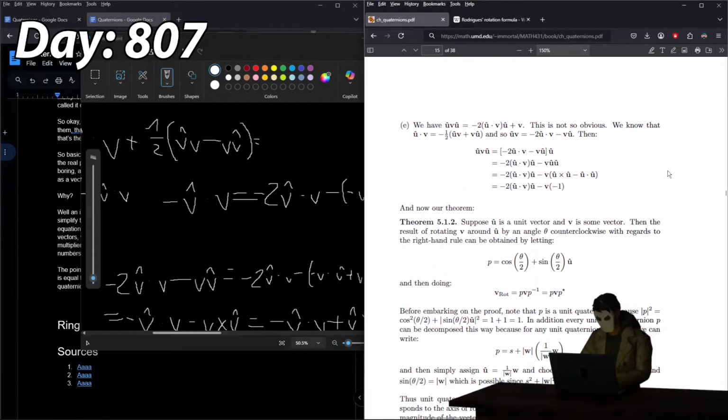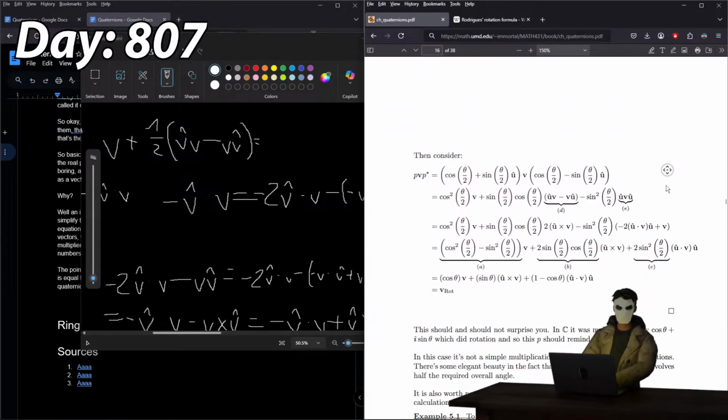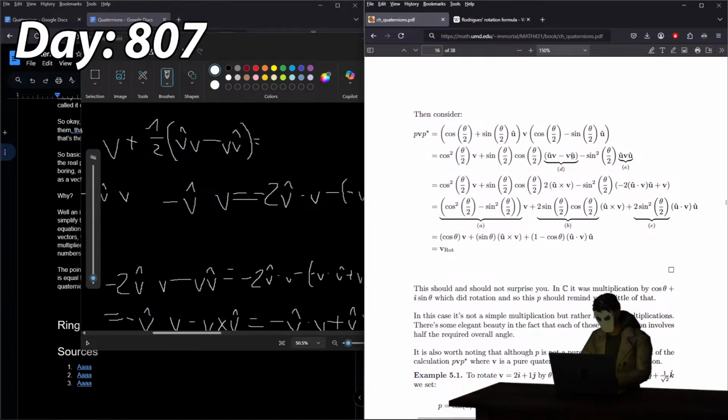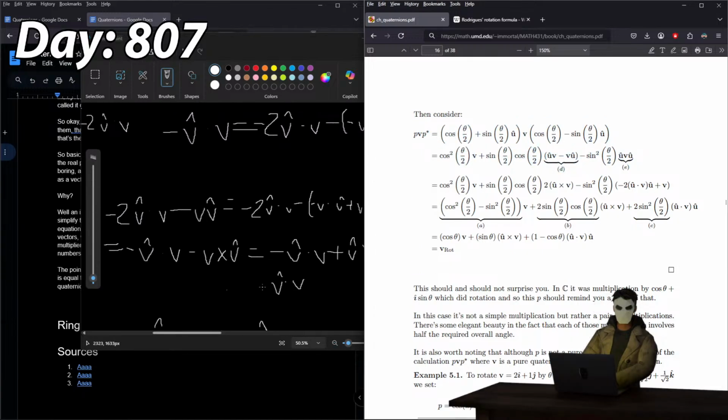Now, why was I doing it? Yeah, right. It's because right here we have the uvu, in which case we can change the uv to be minus 2 uv minus vu minus 2 uv and then just u.